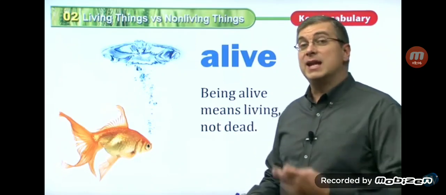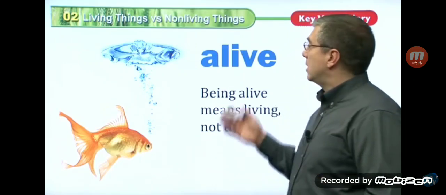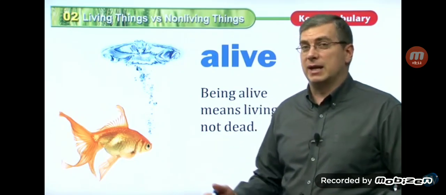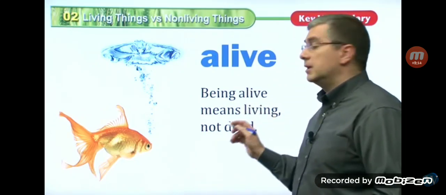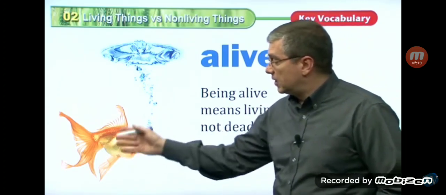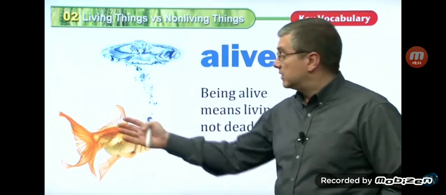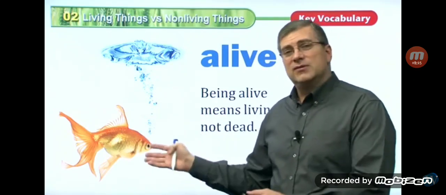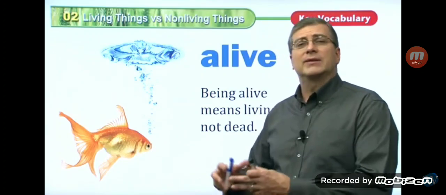Okay, we talked about living things and non-living things. Another word, alive. Alive is a living thing. Alive means to live, not dead. So we see the fish. The fish is alive and moving. They're breathing. They get older.